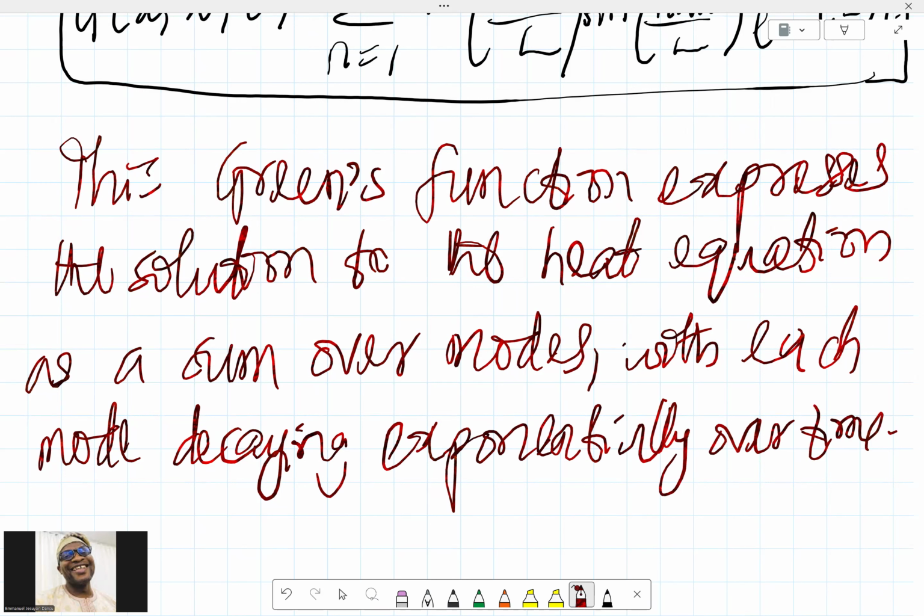And that's why in the heat equation, you have in the beginning, the heat is highest, and then it keeps reducing towards the end.